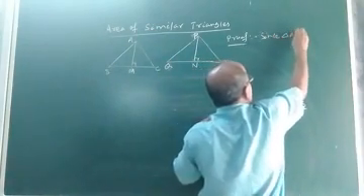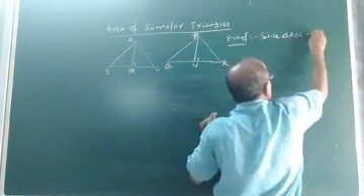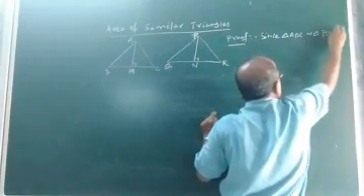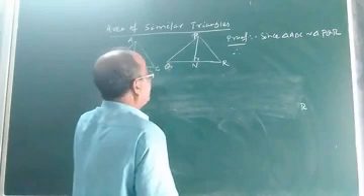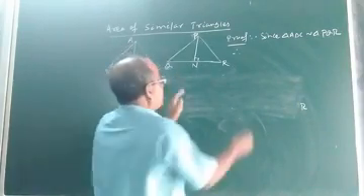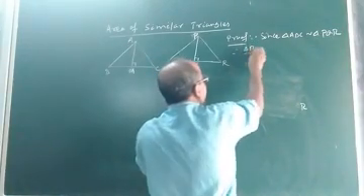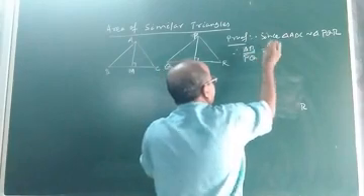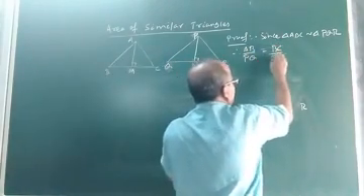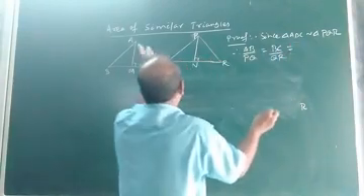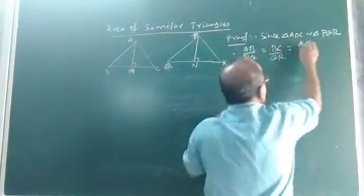Since triangle ABC is similar to triangle PQR, definitely AB by PQ, that means the ratio of the corresponding sides, will be equal to BC by QR, and it is again equal to AC by PR.